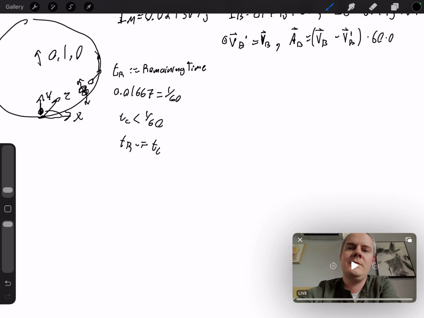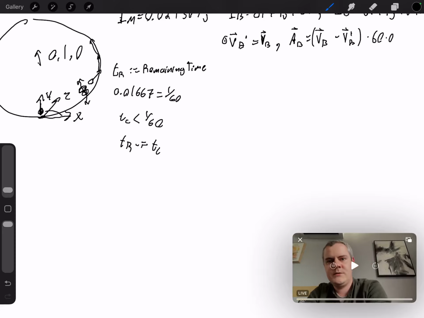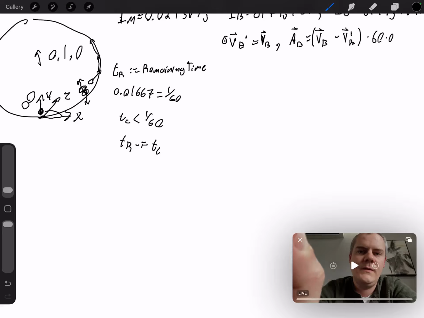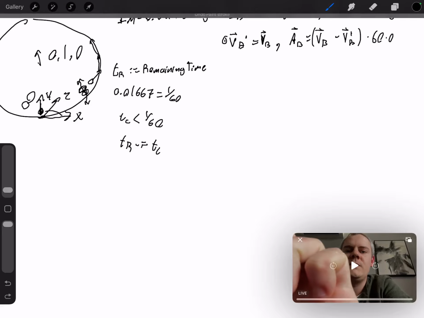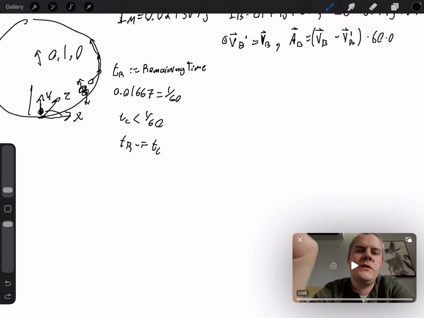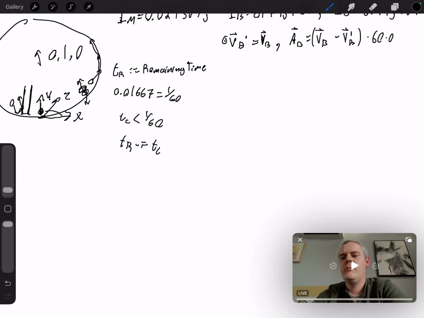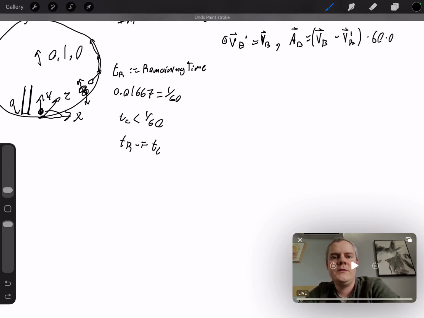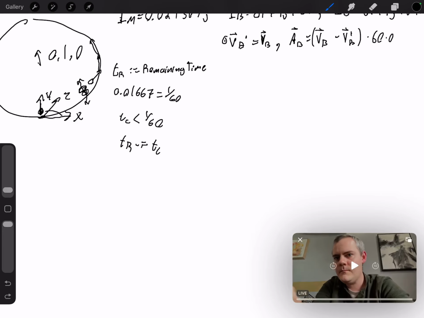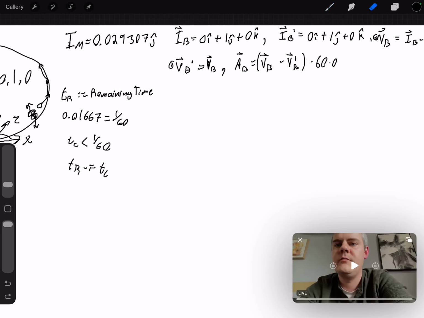It could be riding around the inside, hitting the sphere multiple times. Could happen, probably will happen. And as this gets more elaborate, if there are more spheres, it might hit multiple spheres. It might also, once there's a level in the game, make multiple hits before the physics frame is over. That's enough of an introduction to remaining time.